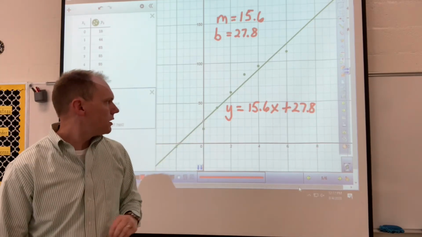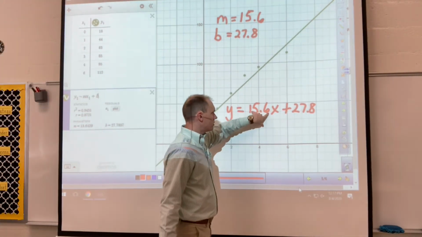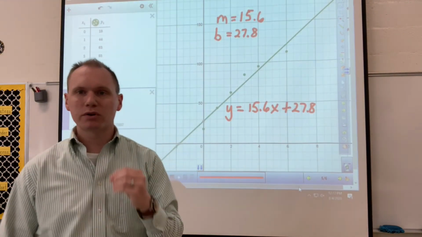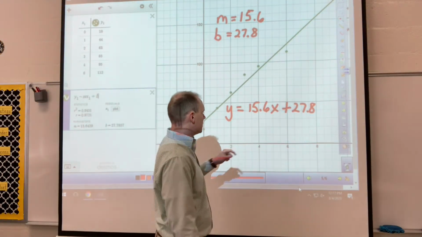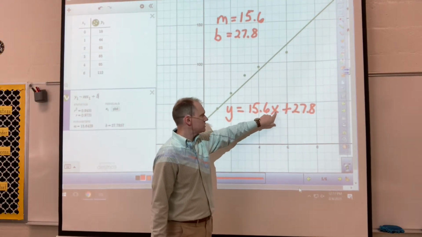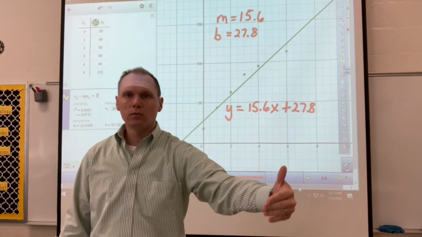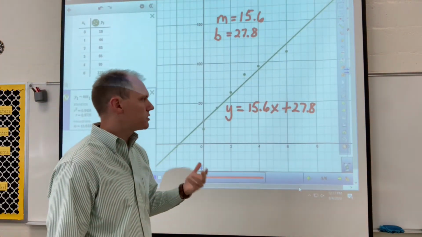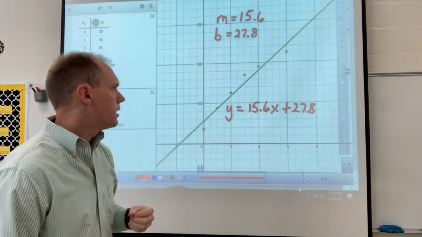And then 15.6 here is our slope. And if we interpret it in the context of the situation, it would be our best predicted increase per year in millions. So for every year we go on with Amazon here, they're increasing, or at least our predicted amount is 15.6 million per year.